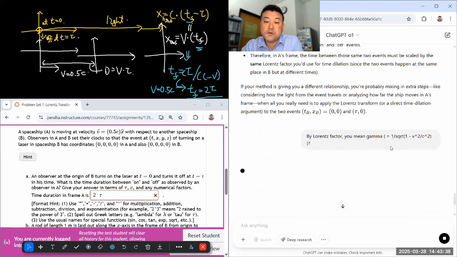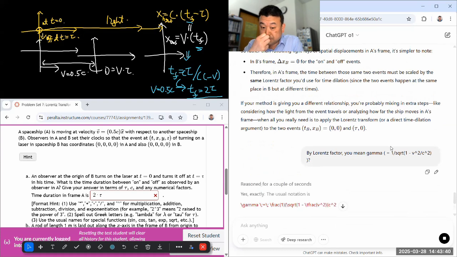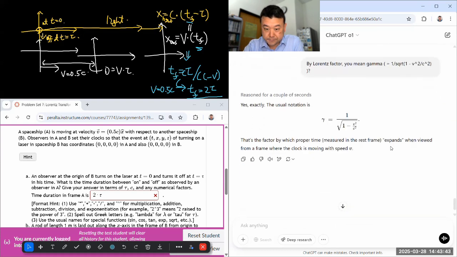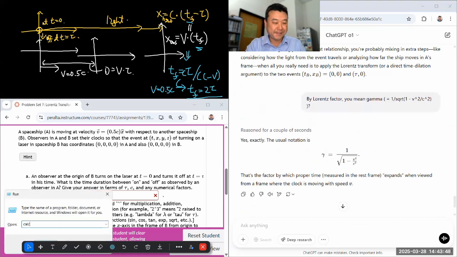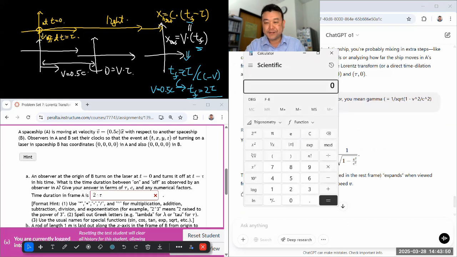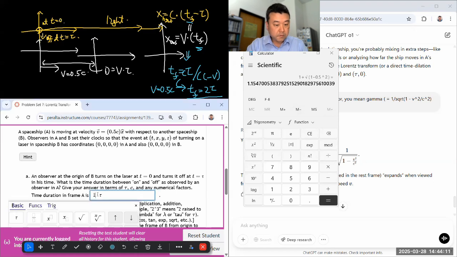So this might be enough encouragement to just try it, and then what have you got to lose? So you just calculate the gamma factor. So 1 divided by, parenthesis open, 1 minus 0.5, that's v over c squared. And then when I press the square root, it'll make that square root. Say equals. I get 1.155.